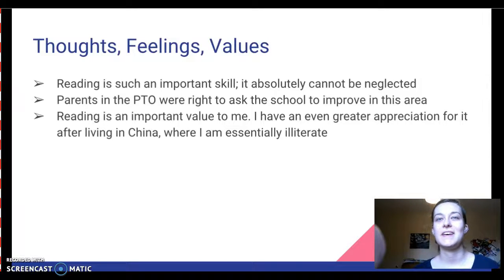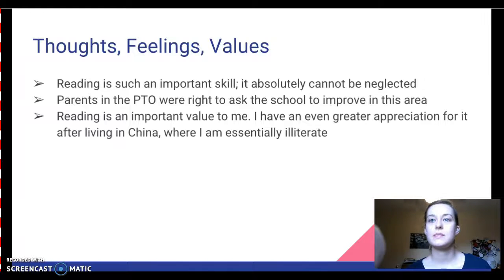But if you miss out on reading skills, that's something that you really need for life, and you get behind, kind of like math also. If you get behind, then you're kind of behind forever. You can never catch up because it builds on the things that you learn as you go. So it's really not something that can be neglected.